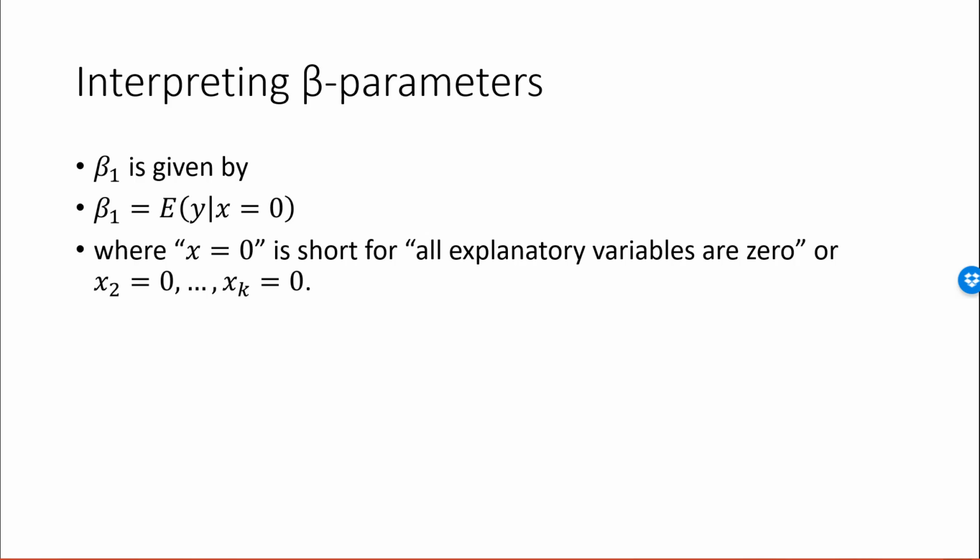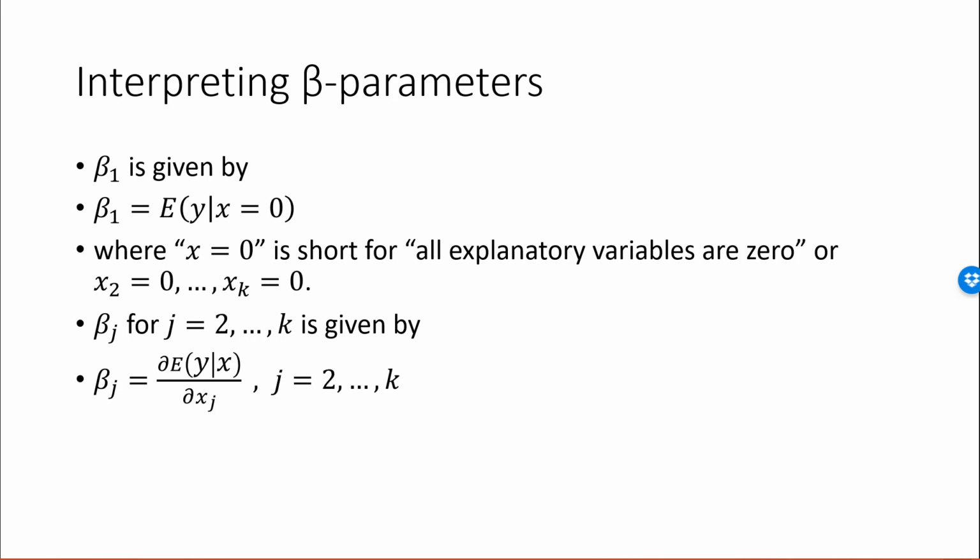Well, how about beta 2 then? If you just differentiate the expected value with respect to x2, you're left with beta 2. So clearly, beta 2 is the derivative of this conditional expectation with respect to x2. But that's true for x3, x4, all the way to xk as well. So generally, beta j for any j between 2 and k is the partial derivative of the conditional expectation with respect to the x variable. How should we interpret it?